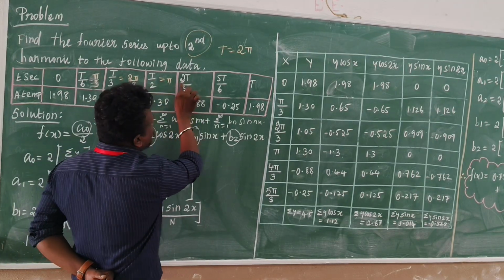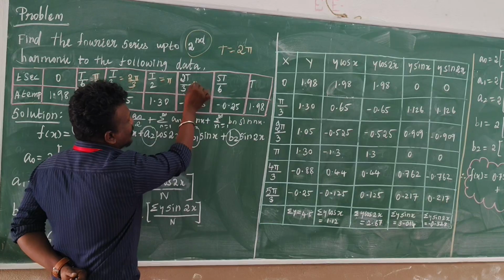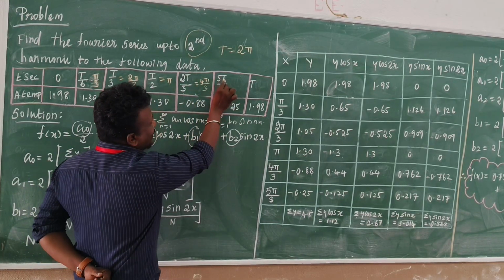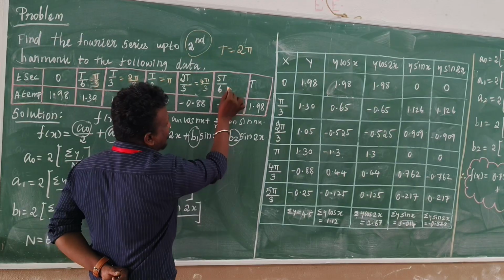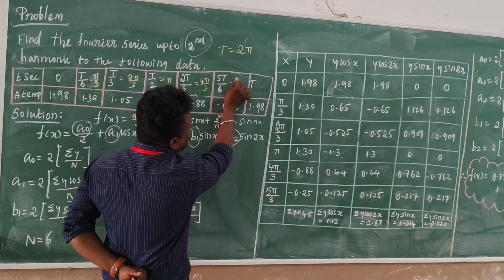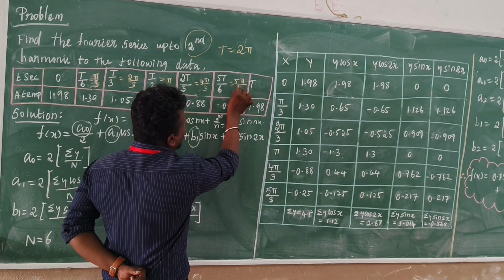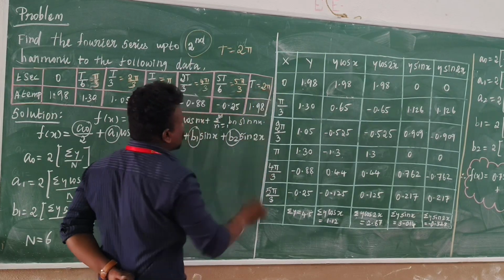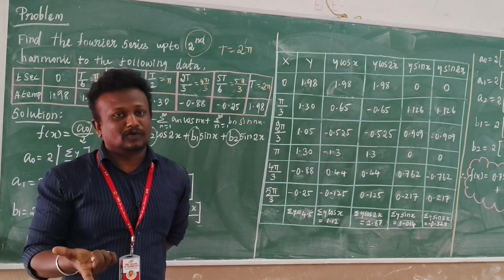Here 2 into 2 pi is 4 pi, therefore 4 pi divided by 3. Here 5 into 2 pi, 2 and 6 can be cancelled. After simplification, it becomes 5 pi divided by 3. Then it is 2 pi. So this is the first step that we need to do.